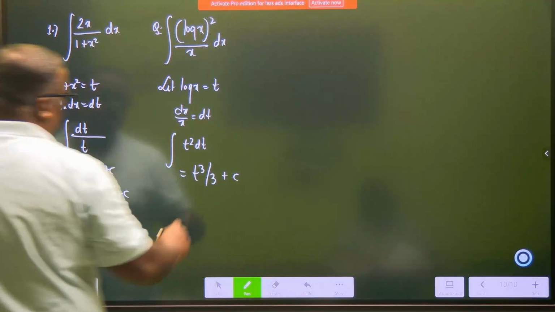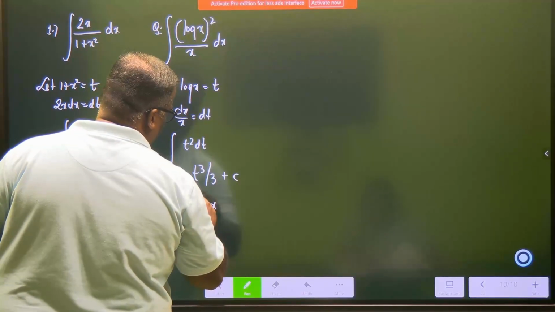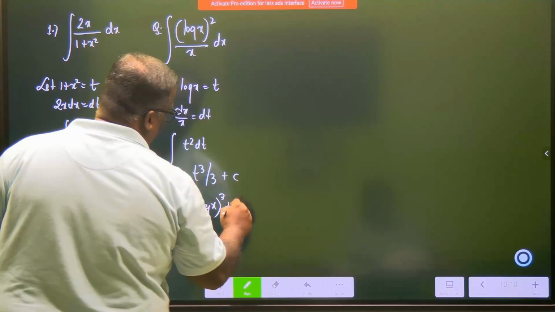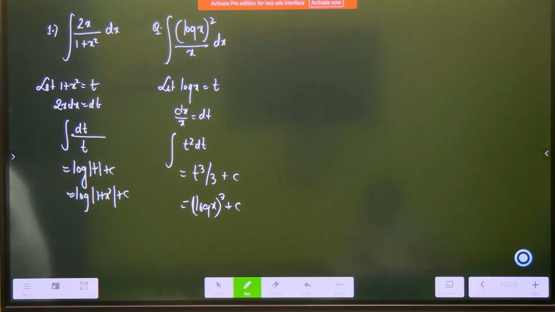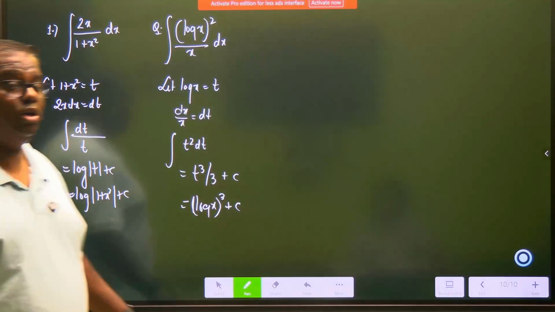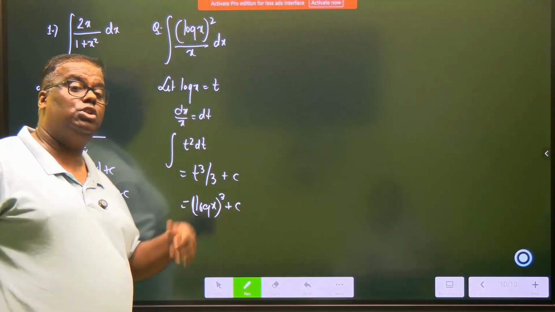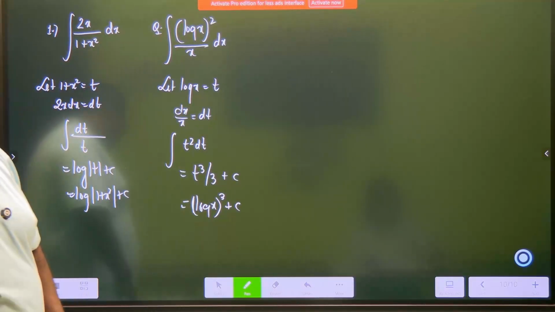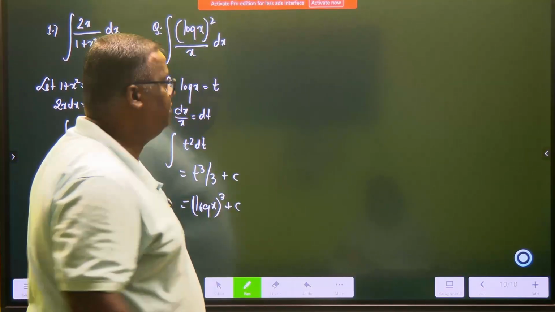And instead of t cube, you're going to say log x whole cube. Log x whole cube and log of x cube are two different things. Log x whole cube means log x into log x into log x. Okay? Okay, let's take this.